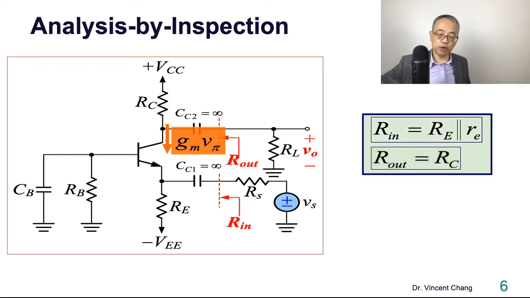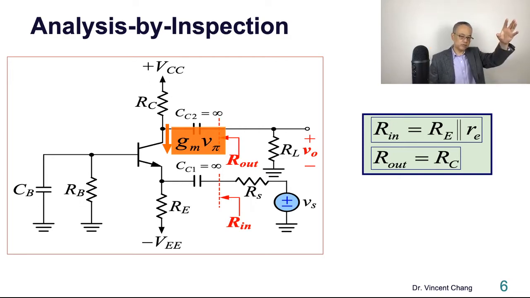So what about the voltage gain? For the voltage gain, it's the most challenging part. See if you can accept this. Vo over V pi is negative gm, opposite, because this is gm V pi.